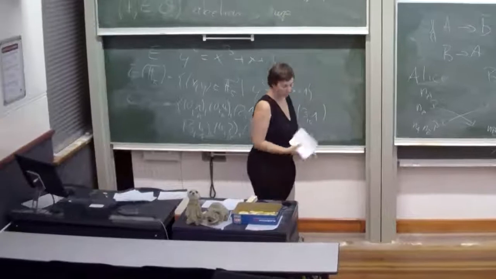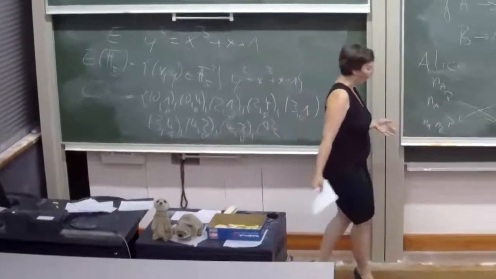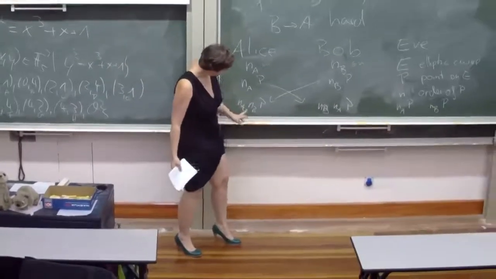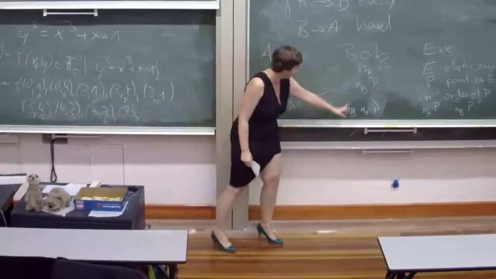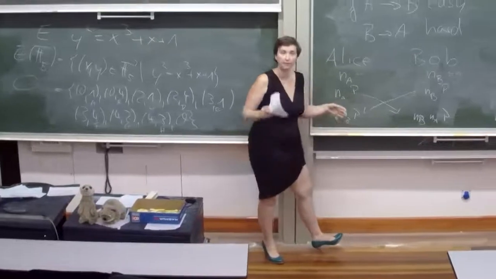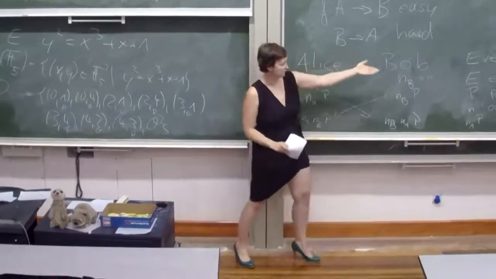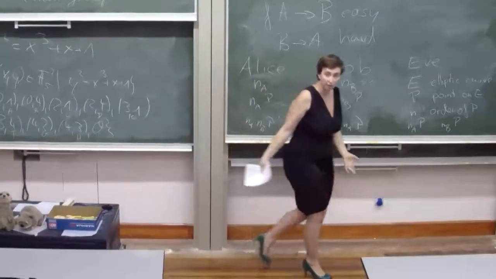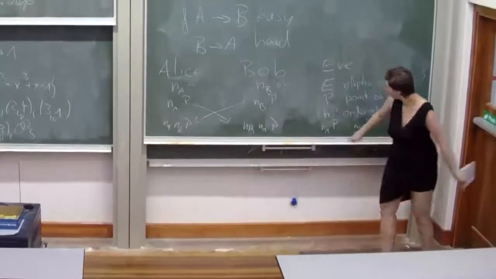Okay, so what do they have? Alice has the point NA times NB times P, and Bob has NB times NA times P, but this is the same point. So they have information that Eve doesn't have. Could Eve now compute what this point is? No, she couldn't.